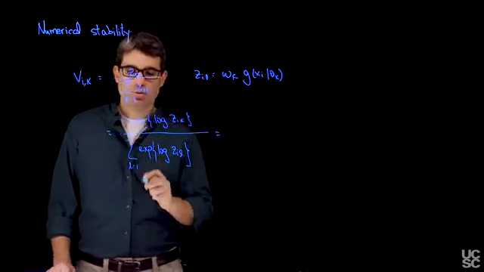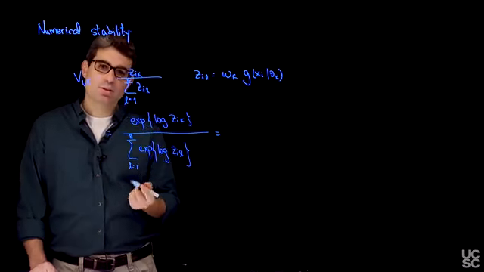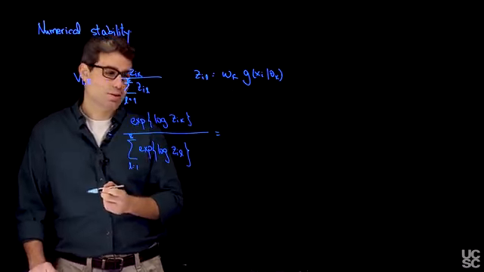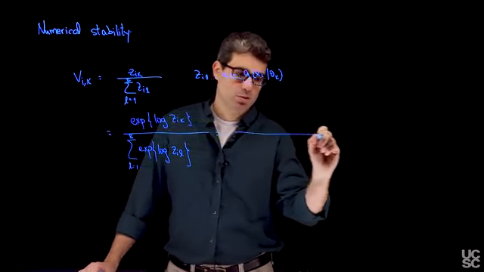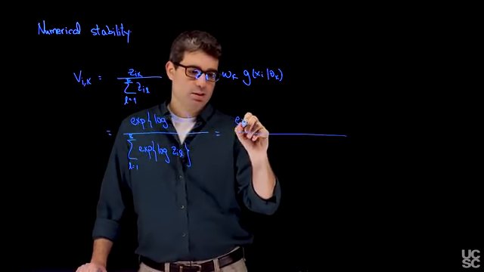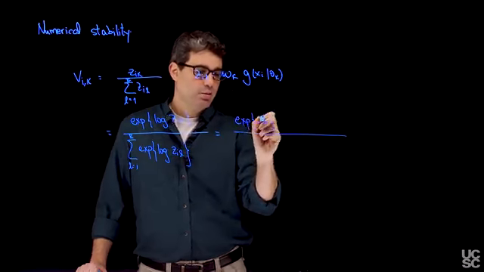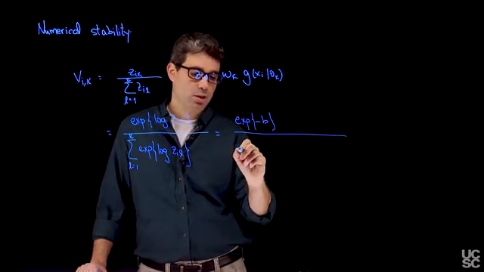And now that we have written things in this way, the other thing that we can do is multiply both the numerator and the denominator by the same quantity, exp minus b, and b can be any number that I want.